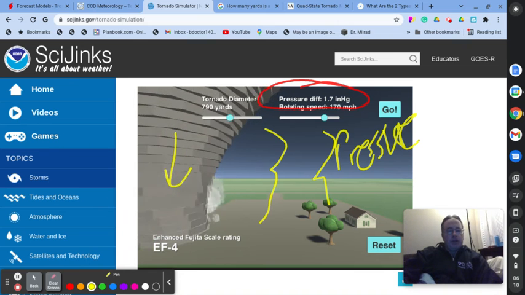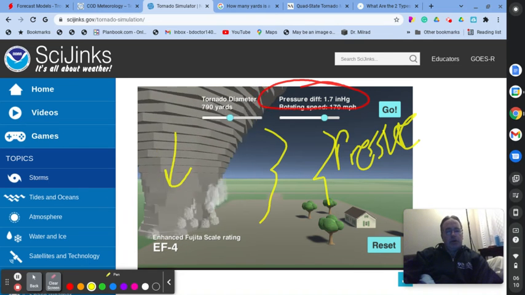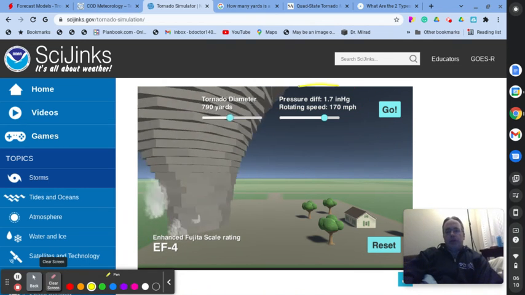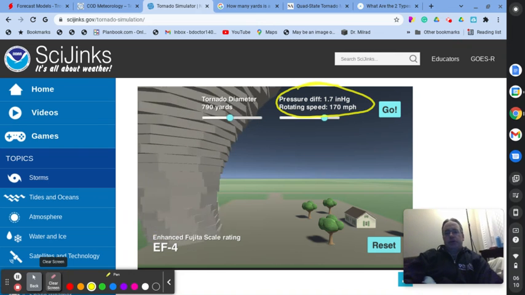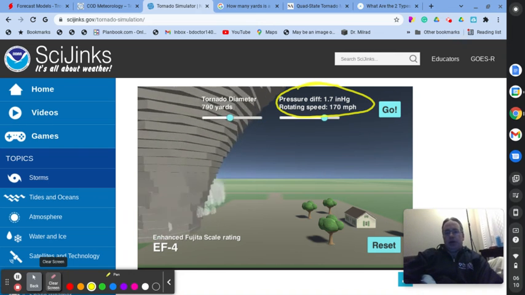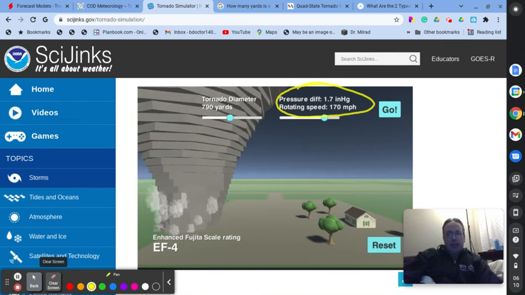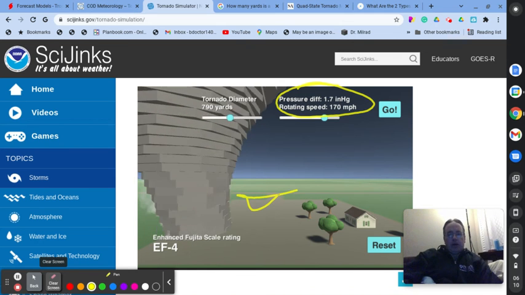Okay. So the greater this difference, the higher the wind speeds, because now you have winds going in.